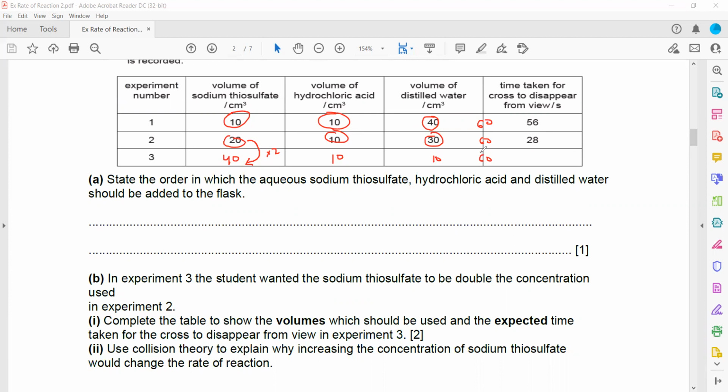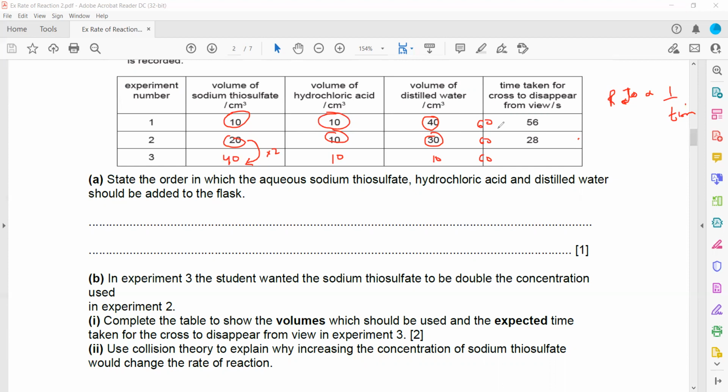Then use the collision theory to complete the table to show the volume and expected time. What could be the expected time? If you are using more volume, it means greater concentration. If we double the concentration, the rate of the reaction will also be double. We know rate and time are inversely proportional. When we were using 20 cm cube of thiosulfate, the cross disappeared in 28 seconds.